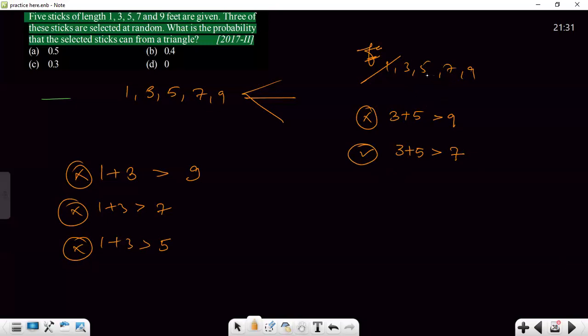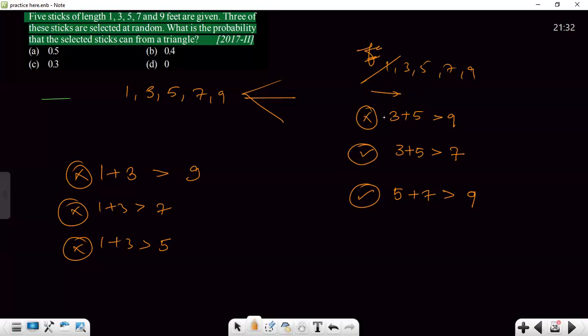Okay. What about 5, 7, and 9? 5 plus 7 is greater than 9. Yes, for sure. And there are no other examples left. We are going from left to right. So how many desirable cases do we have here?